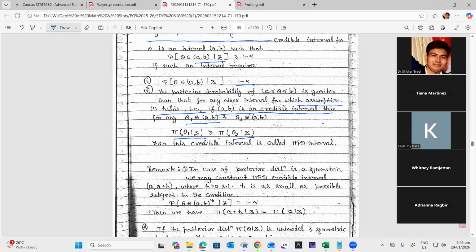All right, if this condition holds, we call the credible interval the HPD interval.